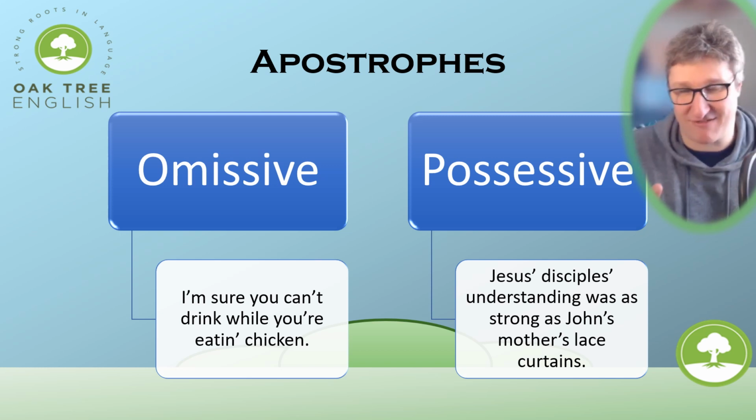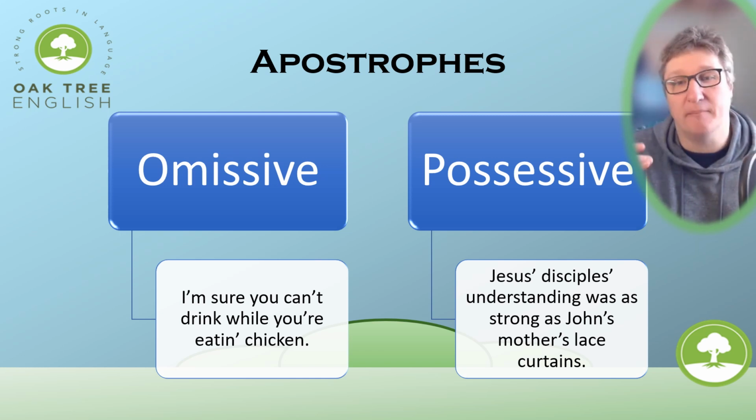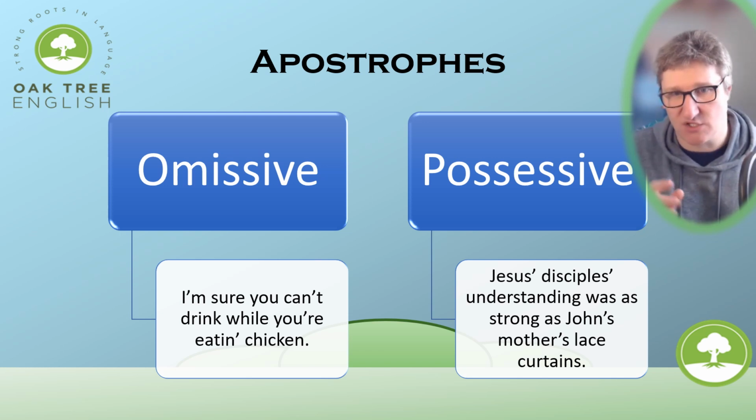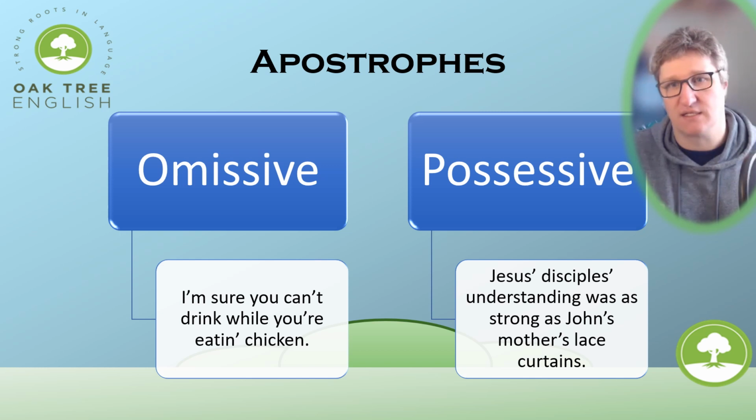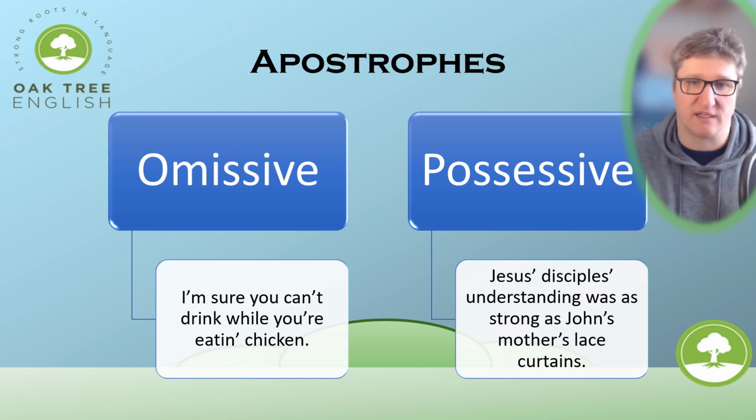So don't get hung up on the theology. But Jesus's, we're looking at this, if a word ends in S, you would put the apostrophe after the S. Jesus's disciples. C.S. Lewis's Chronicles of Narnia. You put the apostrophe after the S.